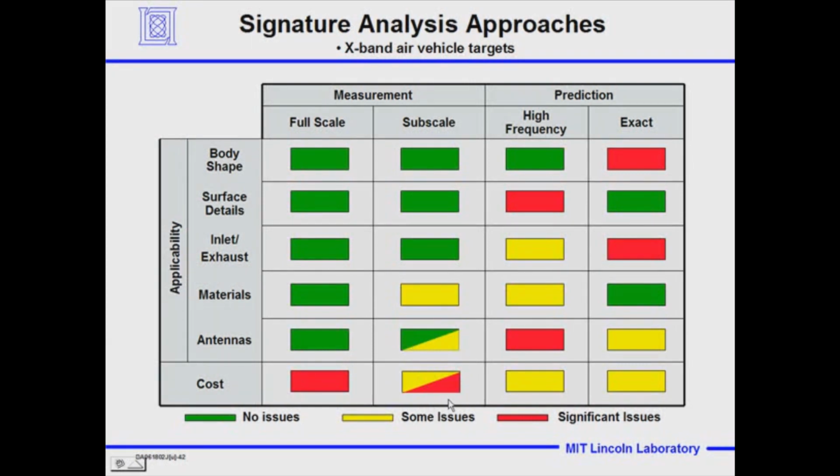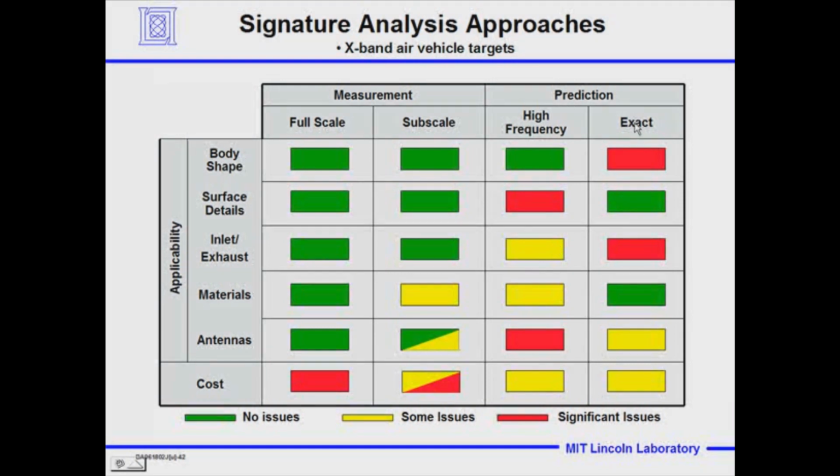And that can get from red here to yellow. That's an issue that's down in this end of things. In terms of predictive methods, the high-frequency methods are very good on body shape, but on surface details and antennas, they're a problem. And there are moderate issues with inlets and materials.